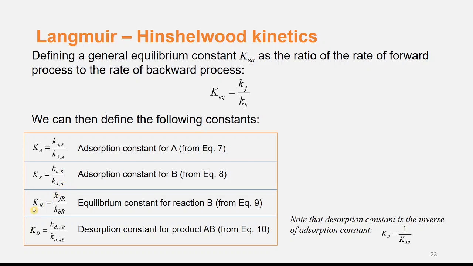The equilibrium constant for the surface reaction is capital KR, equal to the ratio between the rate constant for the forward reaction and the rate constant for the backward reaction. And then finally, we have the equilibrium constant for the desorption of D. This is capital KD, equal to the rate constant for the desorption of our product, AB, divided by the rate constant for the adsorption of AB. Note that the desorption constant is the inverse of the adsorption constant.